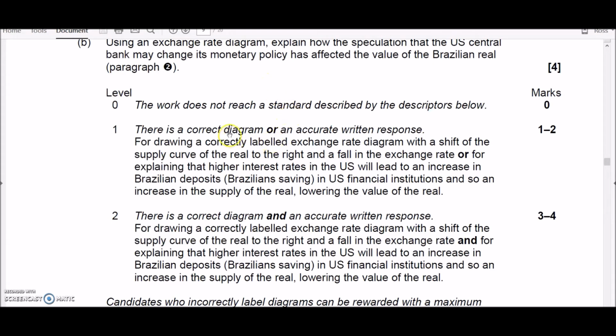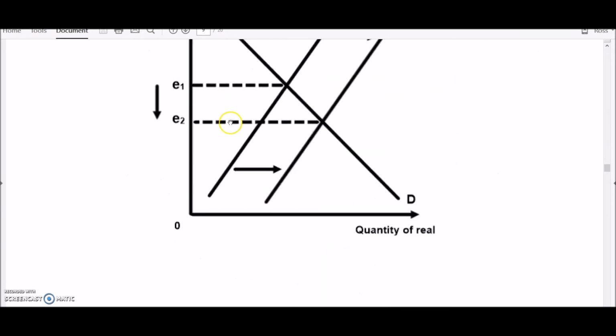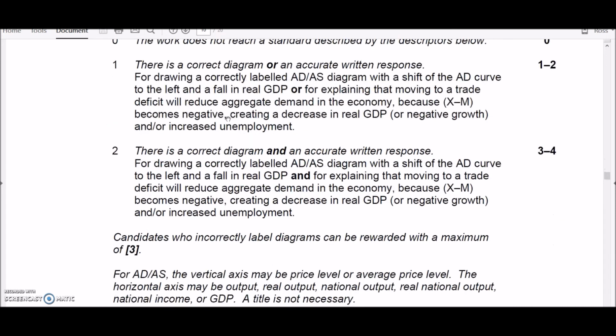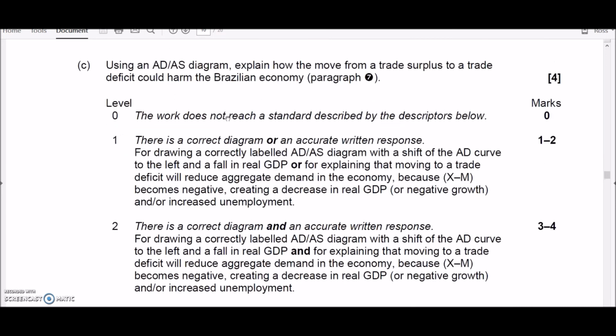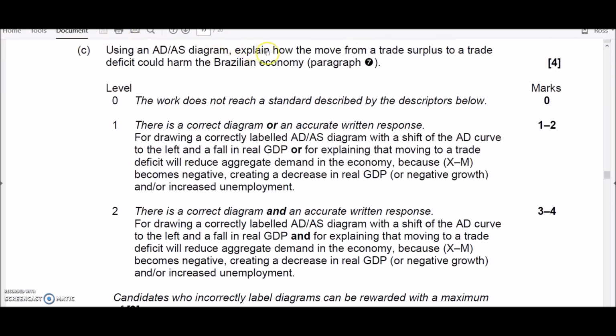Let's look at AD-AS, since you guys are more familiar with that right now. Using an AD-AS diagram, explain how the move from a trade surplus to a trade deficit could harm the Brazilian economy. It says here, for drawing a correctly labeled AD-AS diagram with a shift of the AD curve to the left and a fall in real GDP.